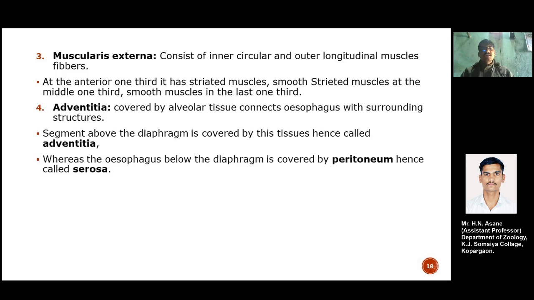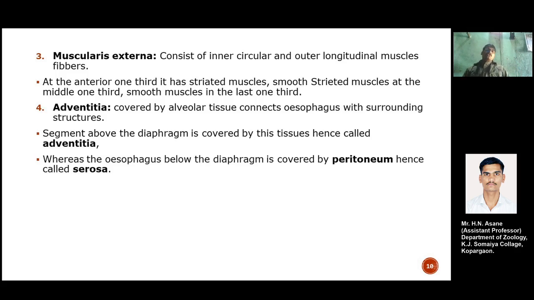So all three types of muscle fibers can be seen in the muscularis externa layer, and then the last layer is the adventitia layer, also known as the serosa layer.